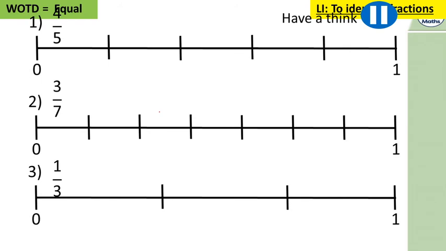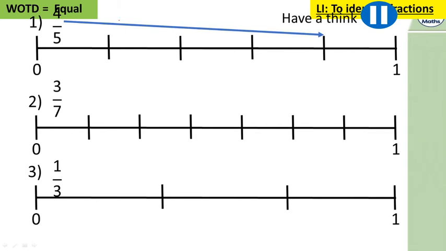Okay, so pause the video and just decide where you think 4/5 would be on this number line, where you think 3/7 would be on this number line, and where you think 1/3 would be on this number line. So pause the video and have a go at those questions. Okay, so 4/5 is going to be there because this is split into 5 equal parts.